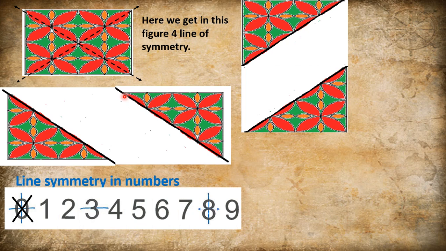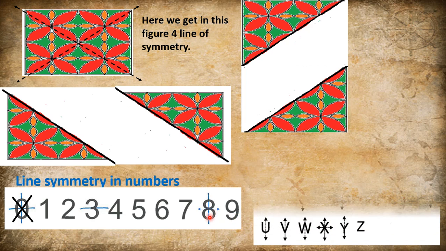This line symmetry we also observe in numbers, as we are observing here. All the digits from 0 to 9 are written, and 0, 3 and 8 are the three numbers for which we can draw the axis of symmetry.